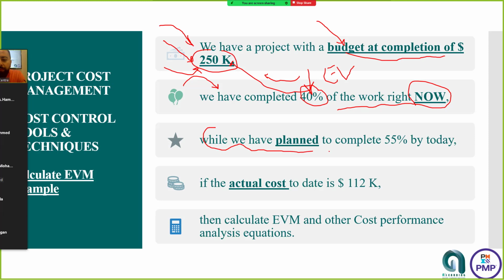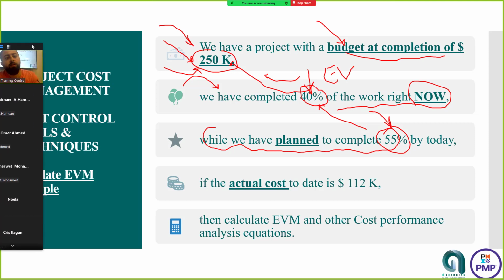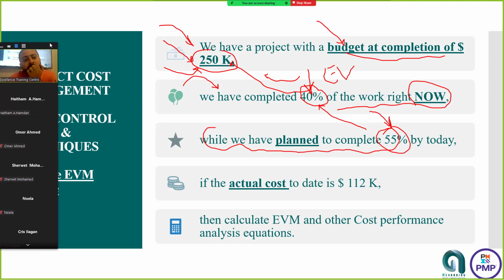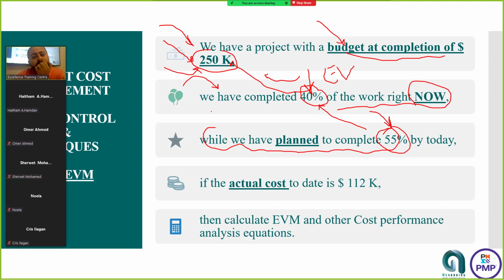And while we planned to complete 55%, without making any calculations, we have done 40%, Mr. Haytham, and we have planned 55. What's the situation? We have completed $100,000 from the total project budget, and we're planning to complete the difference between the 40% and the 55%, which is the difference between 100,000 and probably 130,000 or something like this.